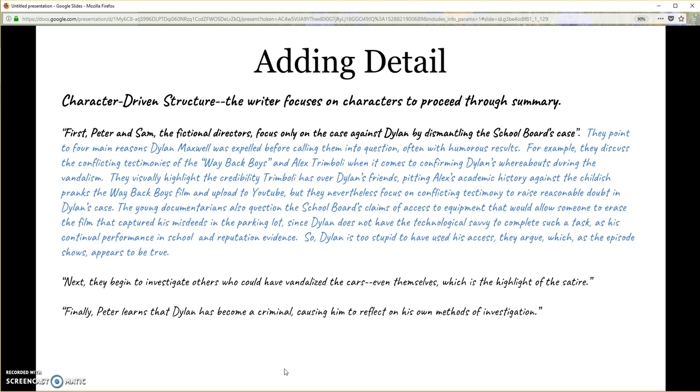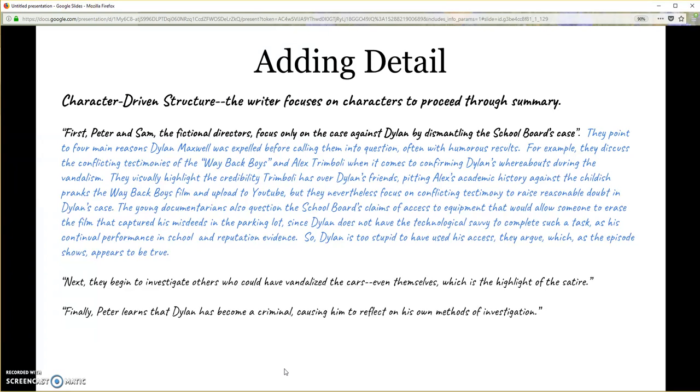But I also want them to acknowledge as readers that I am grouping together via characters as opposed to some other principle. So I'm really careful with my mini claims or my mini topic sentences to include either character names or to group characters together.